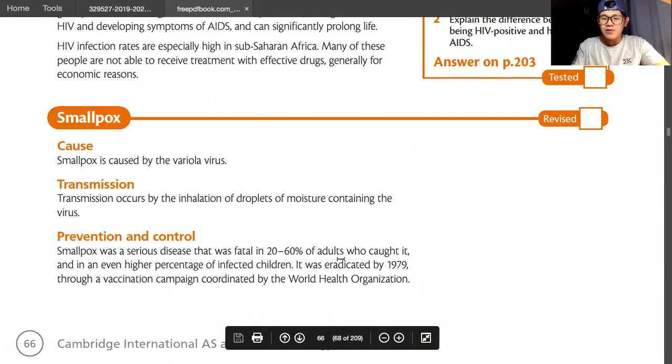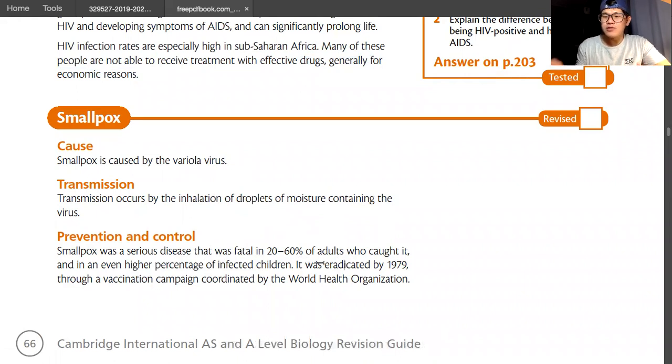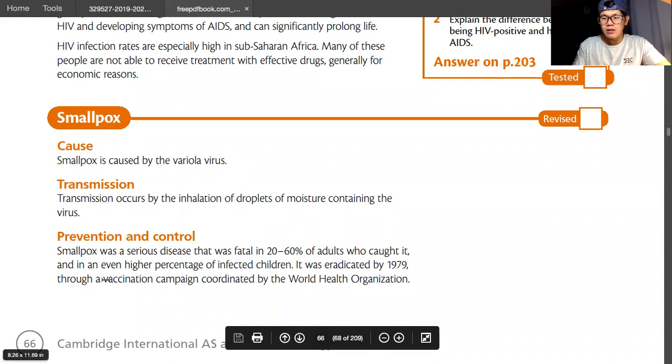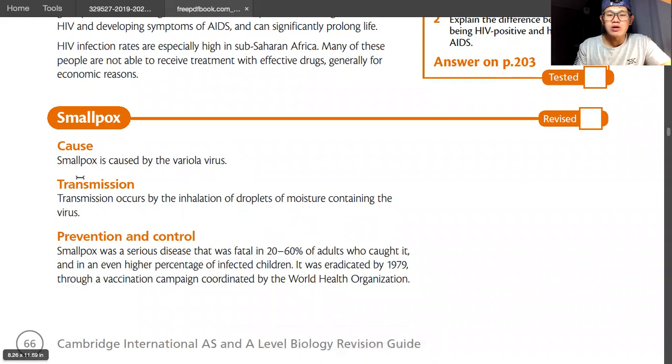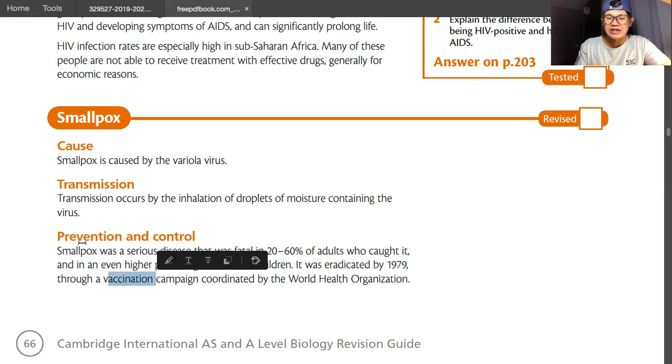But afterwards, after they did their research, they saw that you can significantly reduce the transmission of smallpox if you do vaccination programs, the vaccination campaigns.